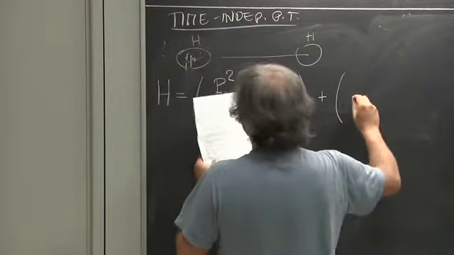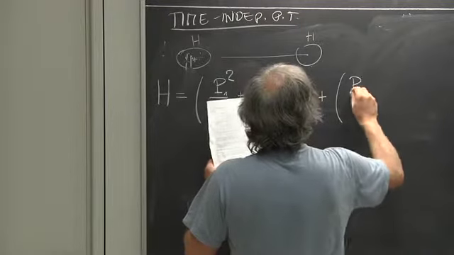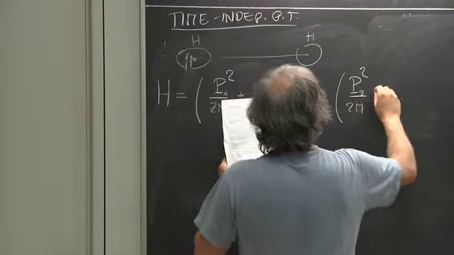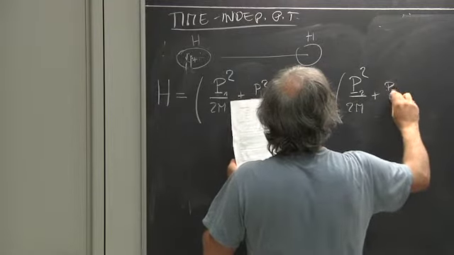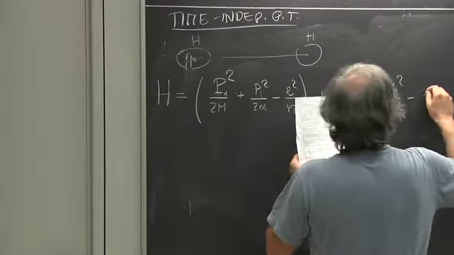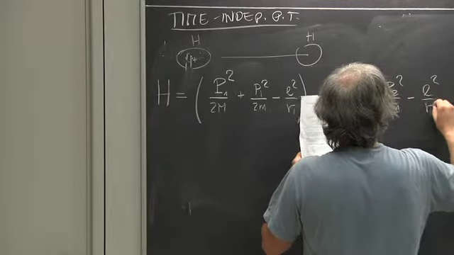Plus the momentum of the second nucleus divided by twice the mass, plus the momentum of the second electron divided by twice the electron mass, minus e squared over R2.